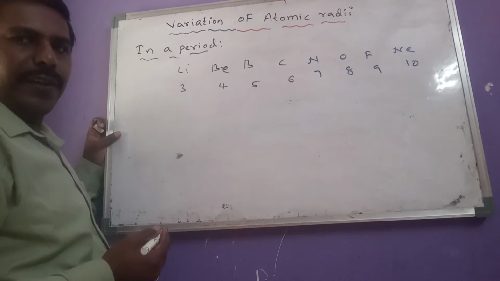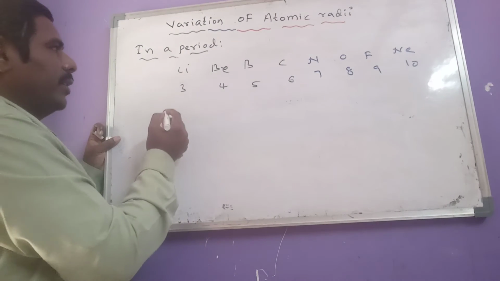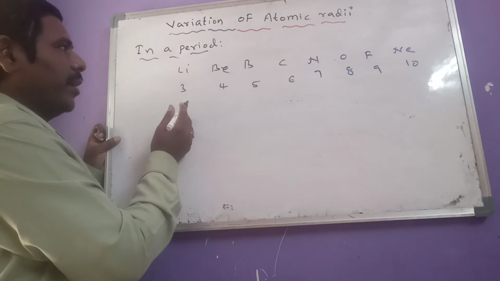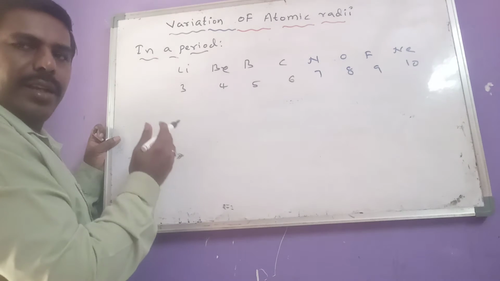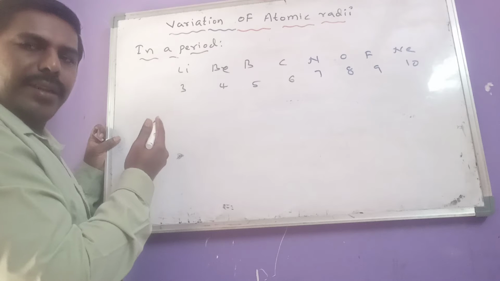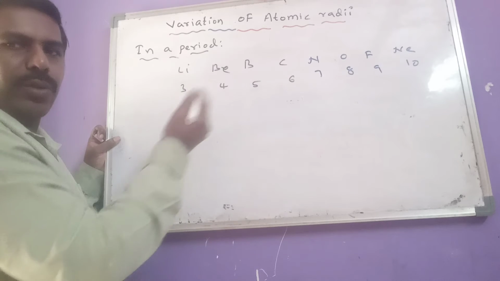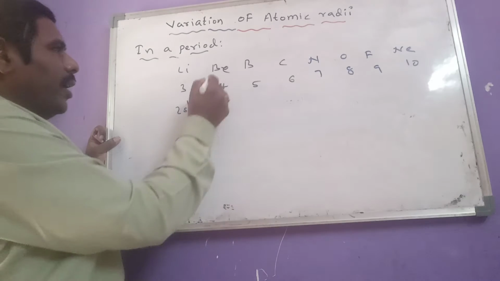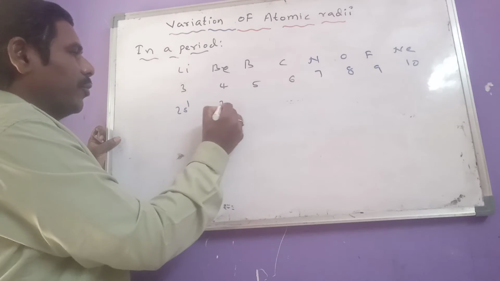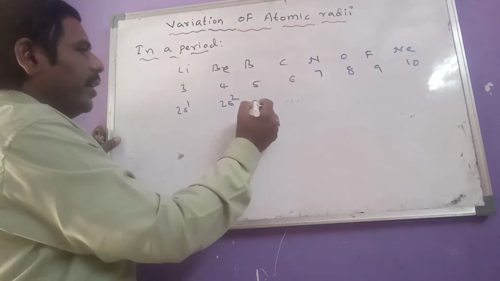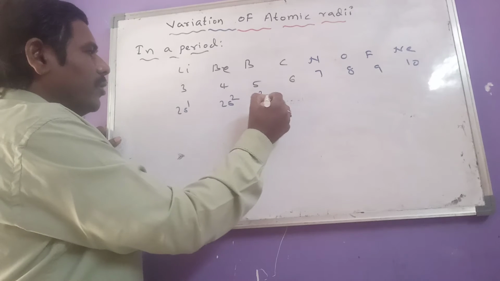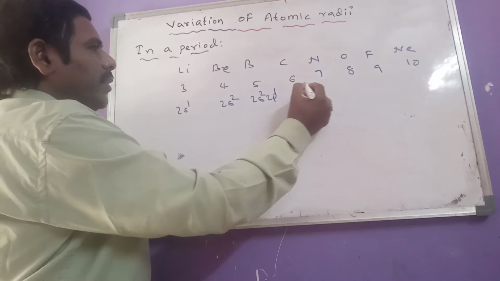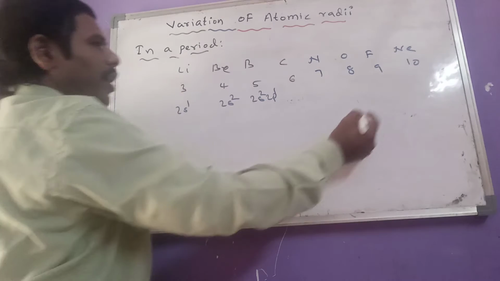Let us see the configurations also. Helium is the inert gas, and by taking that as a basis, for the remaining we have to write the configuration. So lithium helium 2s1, beryllium helium 2s2, and here helium 2s2 2p1, like that 2s2 2p2, like that we have to write.